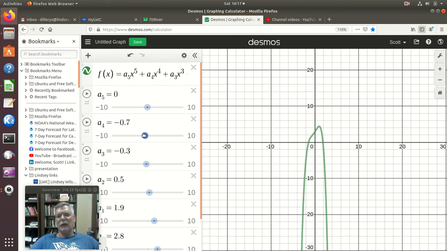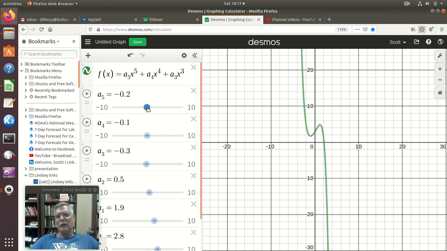Now let's add something with the fourth on there, and what we see is right in there. Now I have something with 2 peaks, 1 valley, or 1 trough. So 2 humps, 1 trough, and that's the 4th degree.